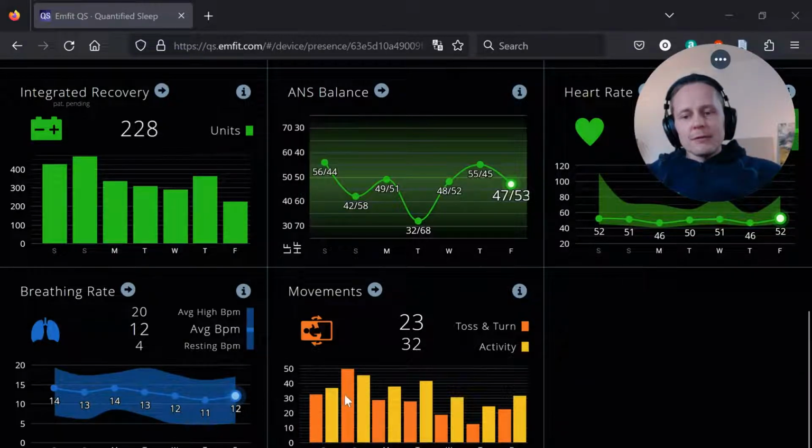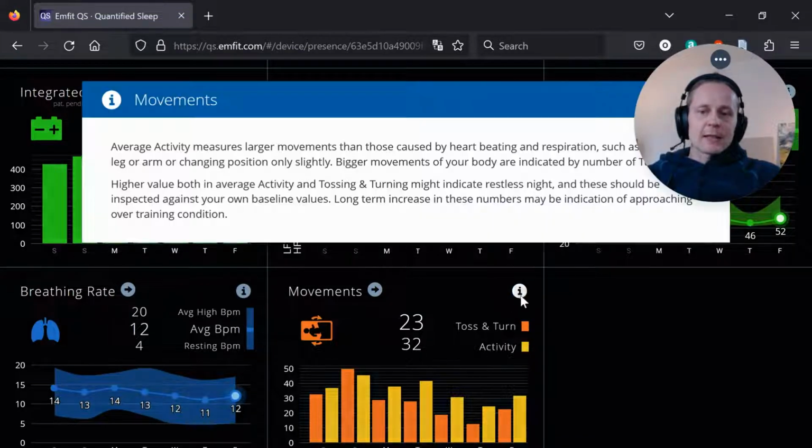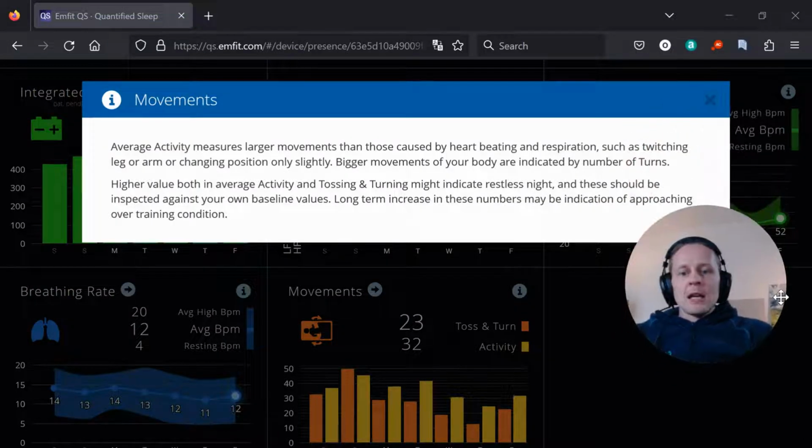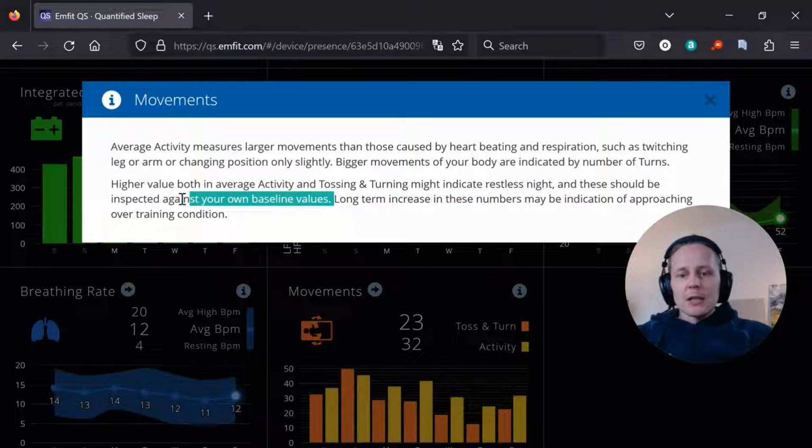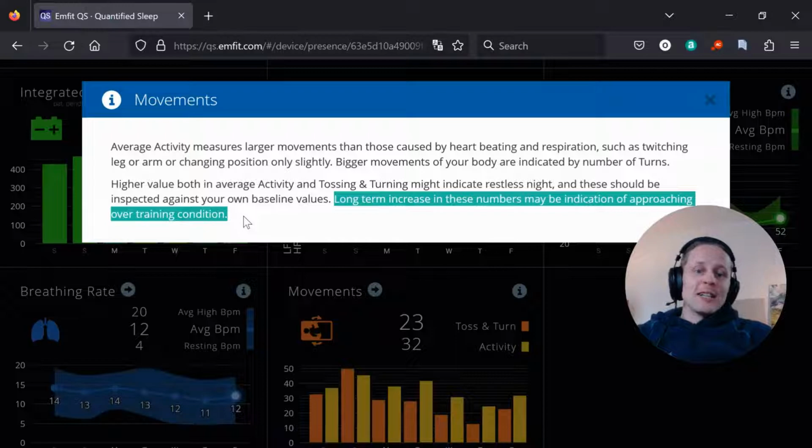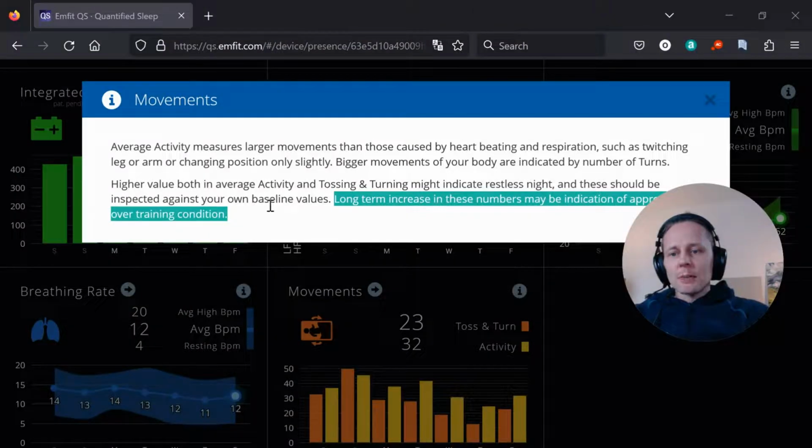If you have a very high value, it can indicate a little bit of restlessness in the sleep. A long-term increase in the numbers may be an indication of approaching overtraining condition if you are an athlete. In non-athletes, it could be, for example, an indication of more stressful times of life or something like this.